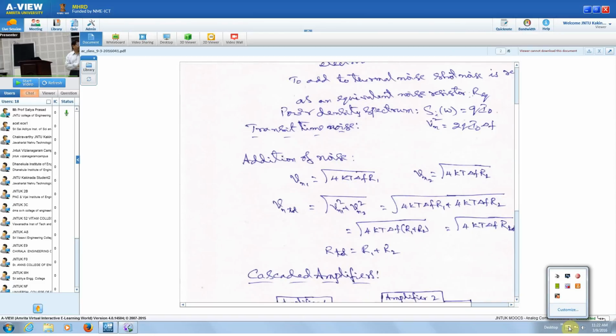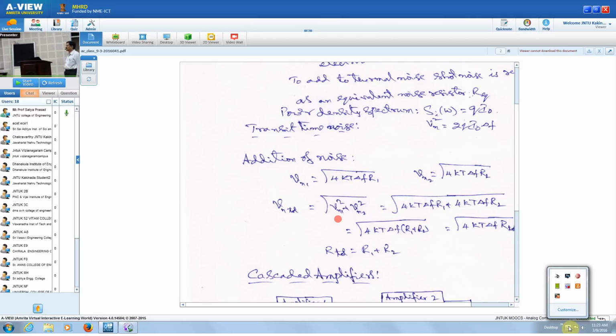So the resulting RMS value is the root of the sum of the mean square values. When you have two RMS values, the total will be the root of the sum of the two mean square values. Therefore, that is root of 4 kT delta F R1 plus 4 kT delta F R2. This is nothing but root of 4 kT delta F R total, where R total is the sum of these two resistances, R1 plus R2.